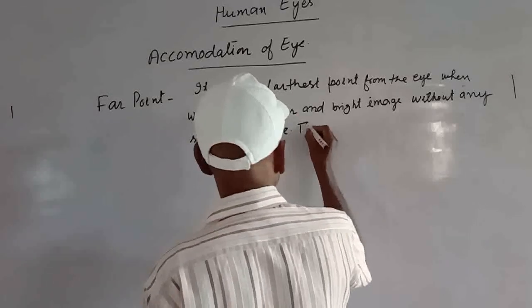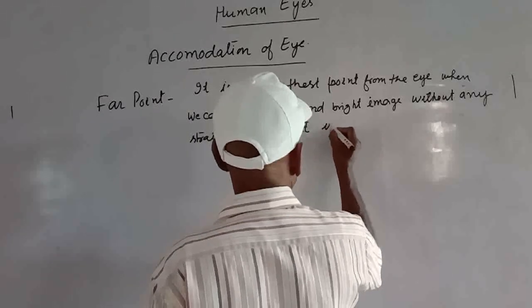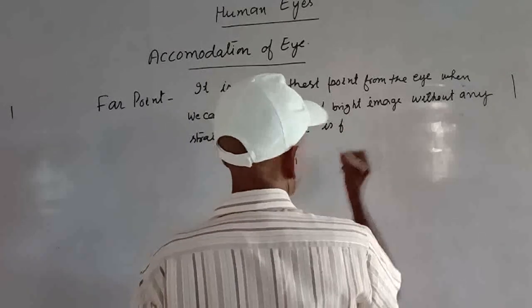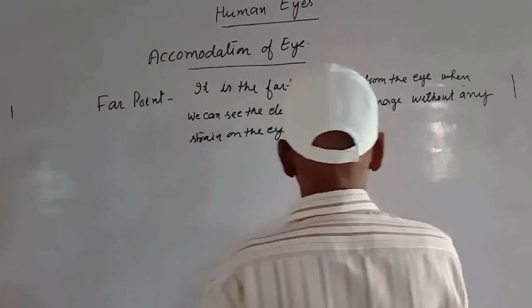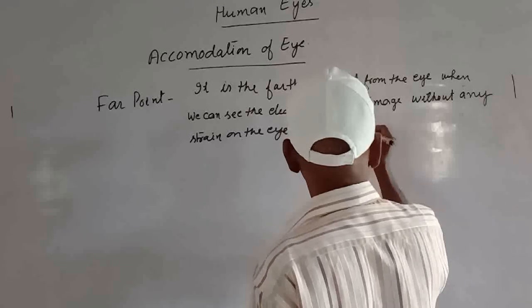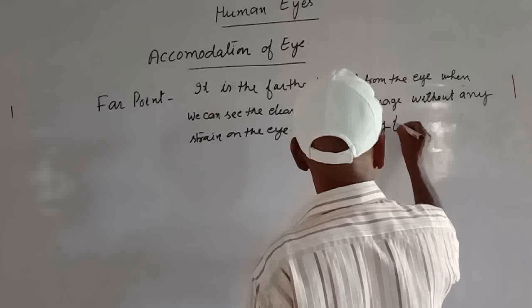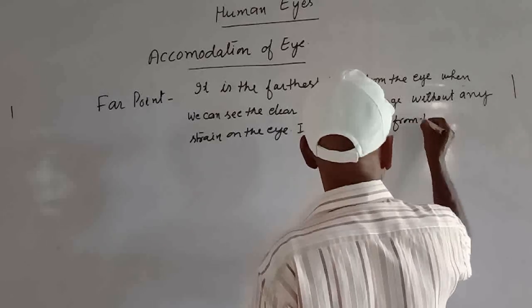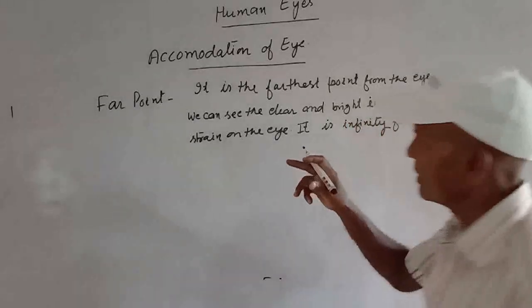It is infinite distance from the eye. This is called the far point.